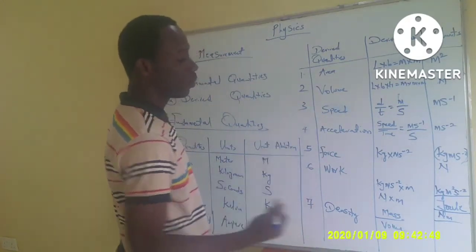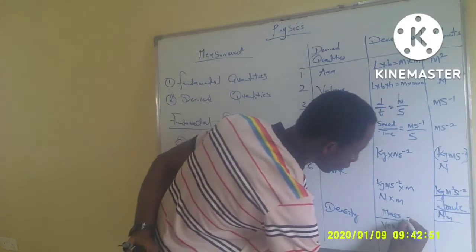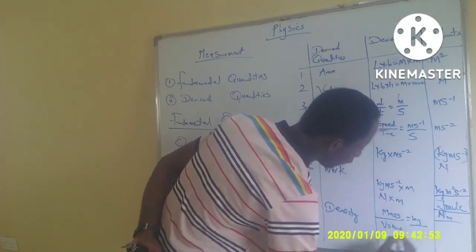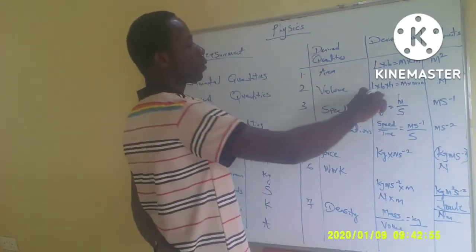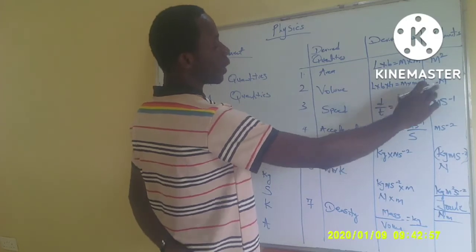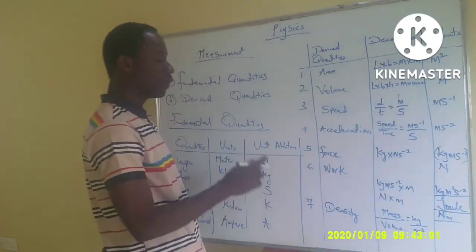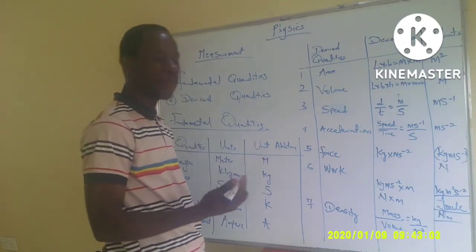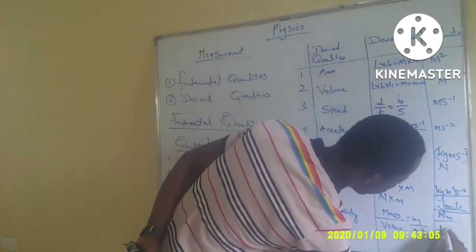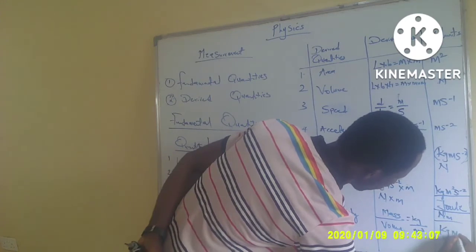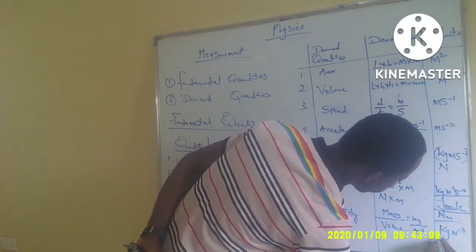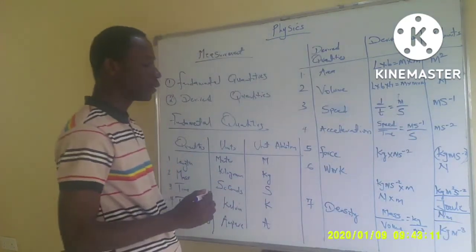Mass is kilogram, kg, over volume. What is volume? Let's come back to our initial question. Volume is meter cube. So we can say the unit of density is kilogram per meter cube. That's the unit of density.